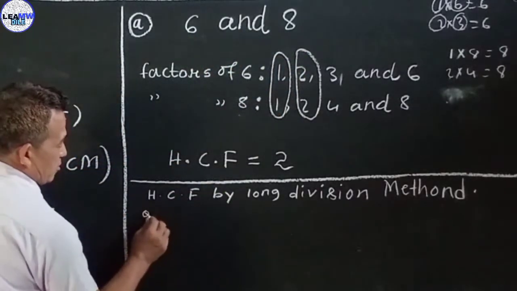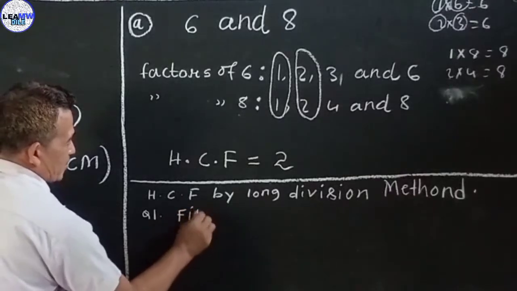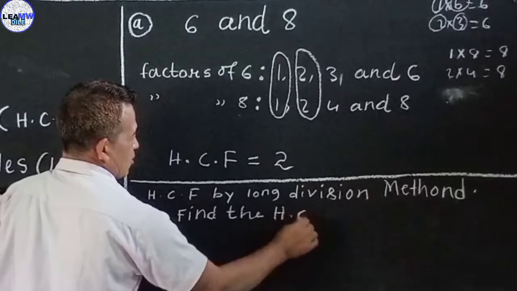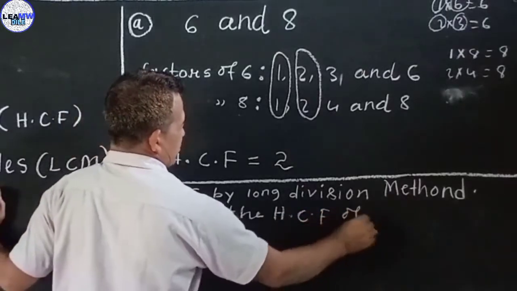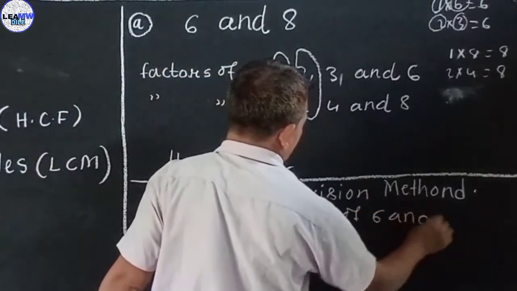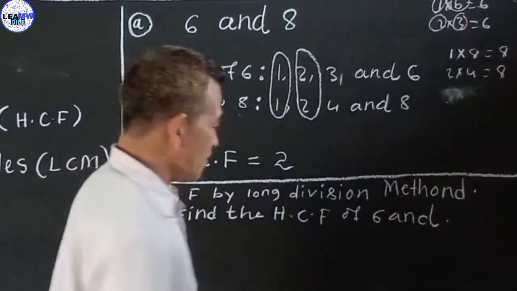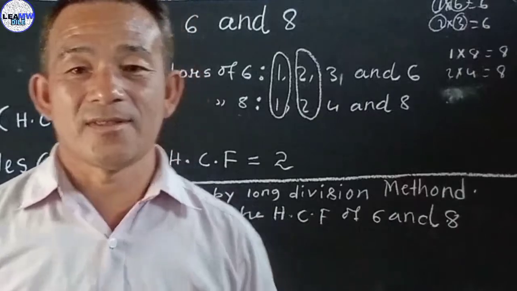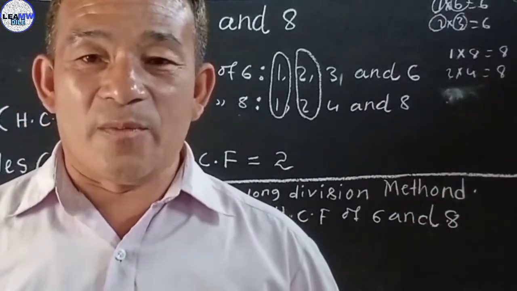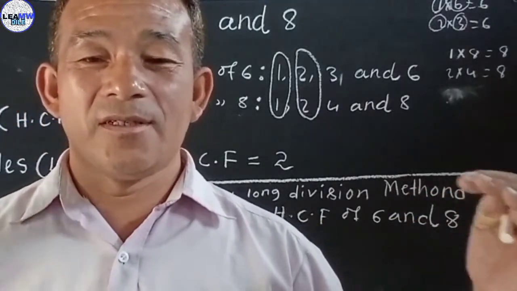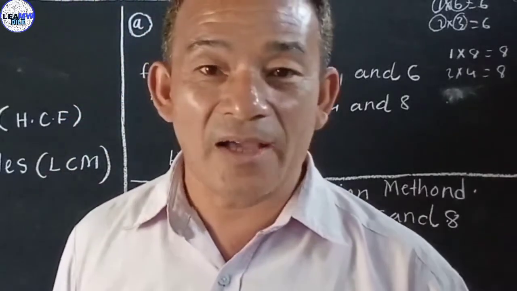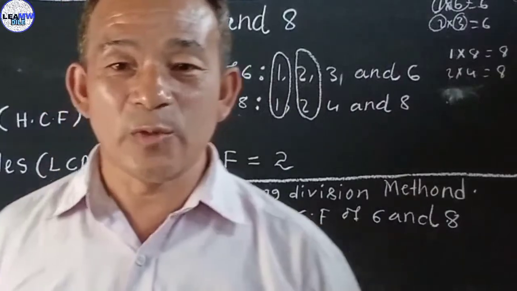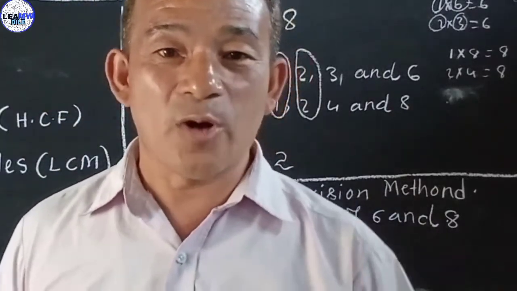Question number 1: find the HCF of 6 and 8, the highest common factor, by applying the long division method.